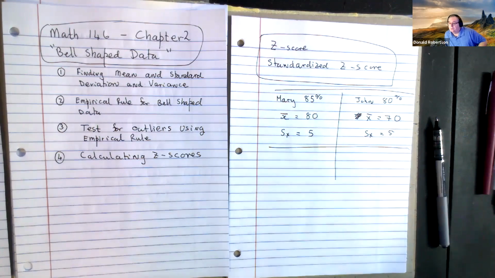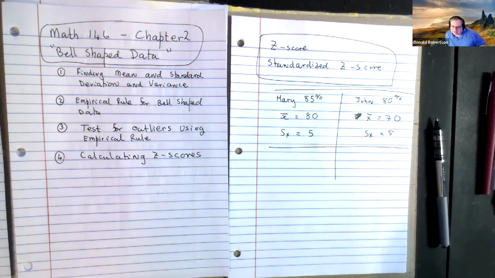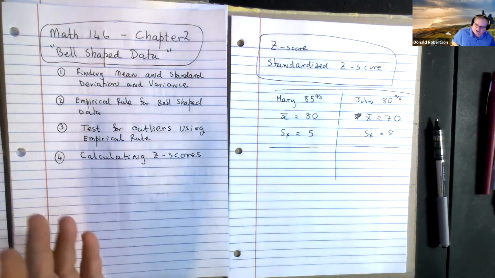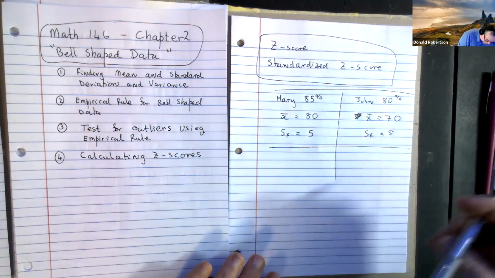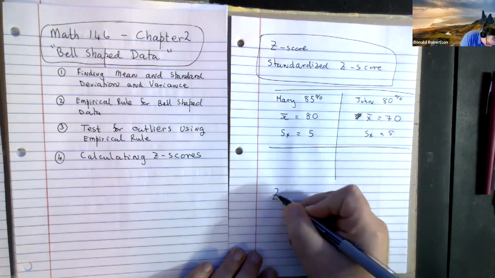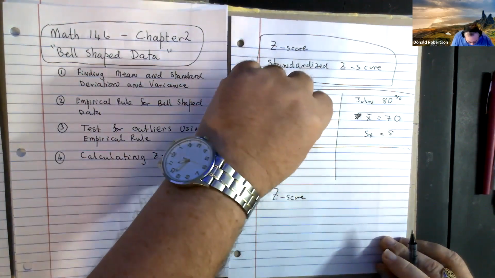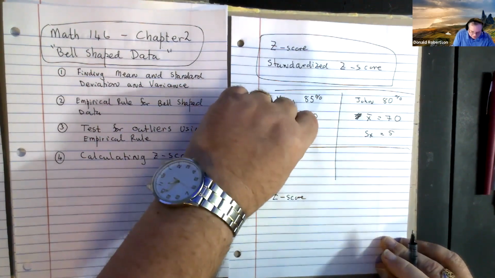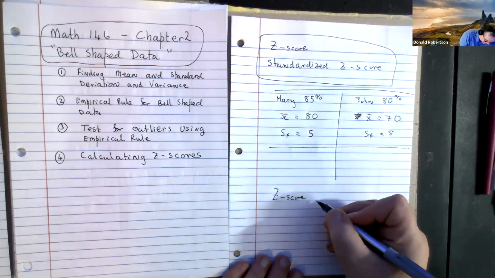So it's possible, right? So what we want to do now is compare these two scores in a fair way, and not just argue about, yeah, well, that's hard, or no, that's not that hard. And the way they came up with it is a thing called the Z-score. What the Z-score does is it takes into account your score, the average, and the standard deviation, and it reduces it to what's called the Z-score.